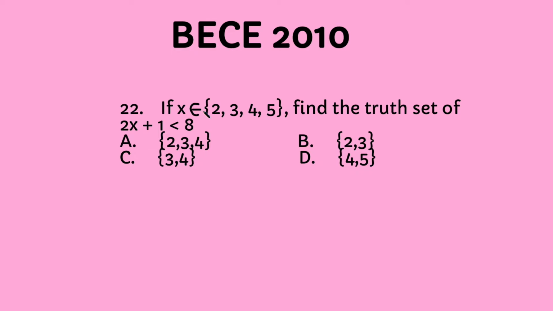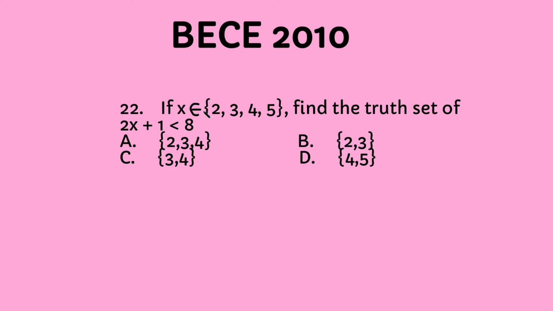That is to say, what values of x, when we input them into the expression 2x plus 1 is less than 8, would actually give you values that are less than 8. So if 2x plus 1 is equal to 7, 7 is less than 8. So whatever value x is that gave us 7, that value will be included in the truth set, because the answer we get holds true for the expression.